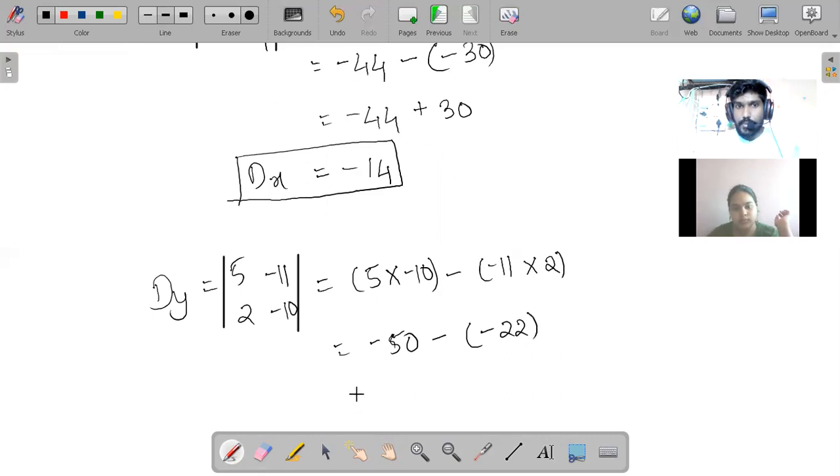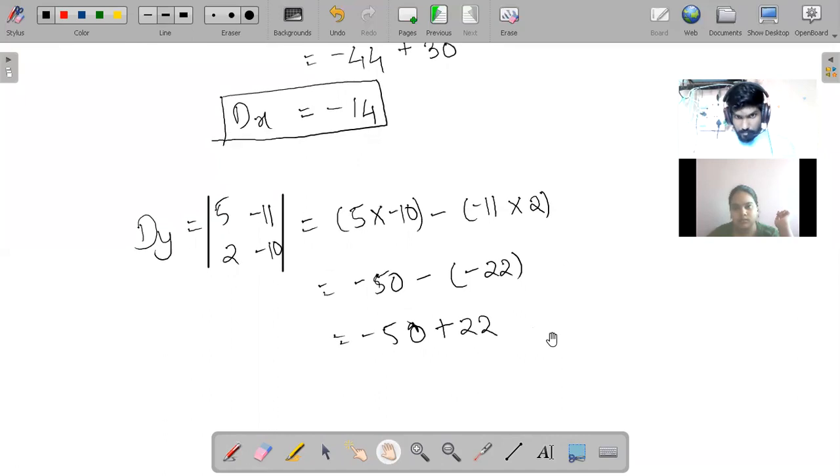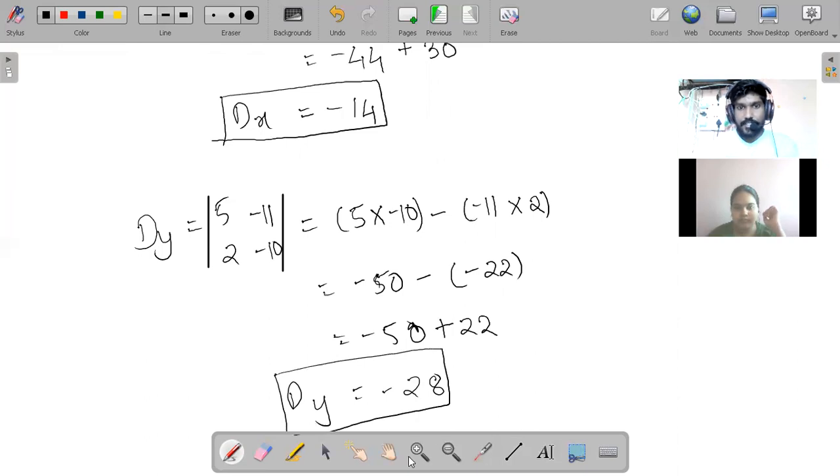Minus into minus will be plus, so minus 50 plus 22. How much is it? 28, and the sign is minus. Minus 28. So dy is equal to minus 28.